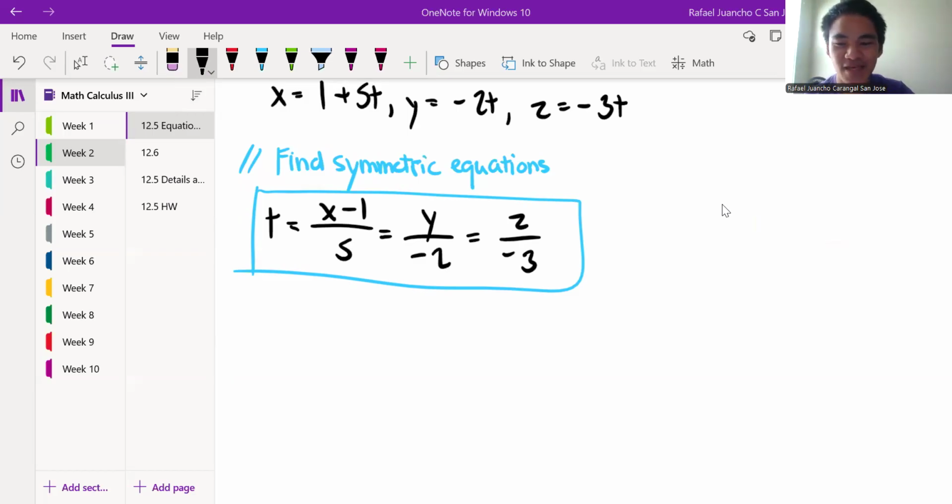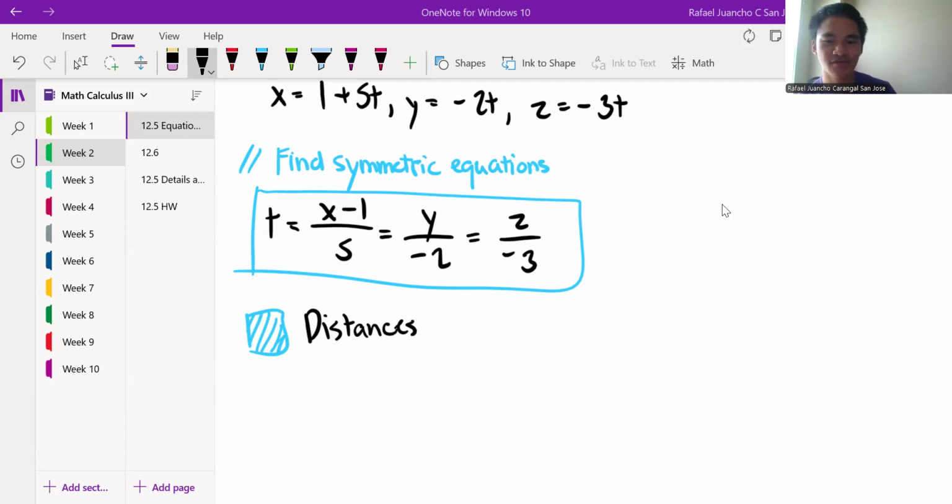Anyway, I'm going to stop there because it's going to get too long. Next time I'm going to talk about something related to distances, from a point to a plane.